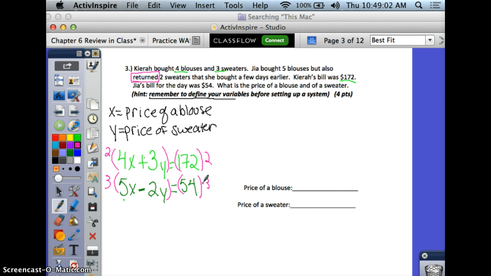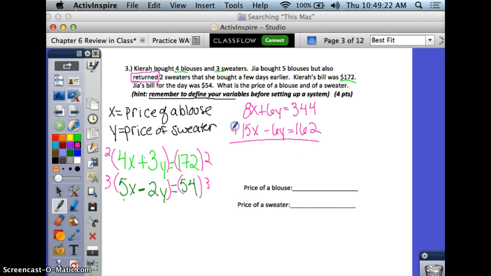When I do that, I get 8x plus 6y equals 344. Then I get 15x minus 6y equals 162.